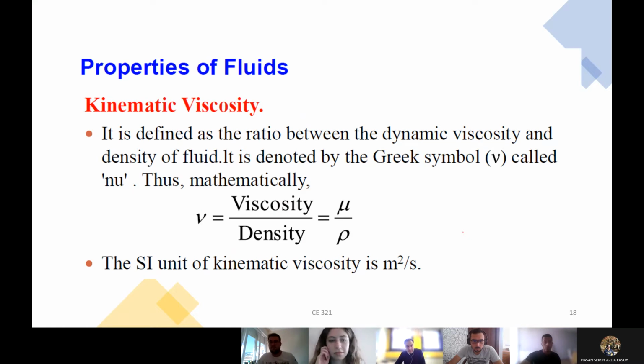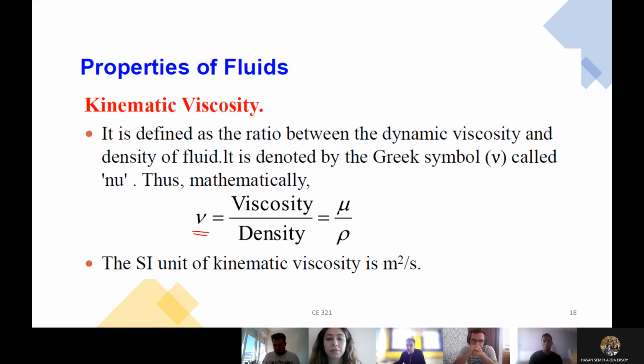The mu, or viscosity, that we talked about so far is in general called dynamic viscosity. But we can remove the term dynamic and just say viscosity. If you have dynamic viscosity, you can define kinematic viscosity also. How do we define it? If you divide mu of a liquid, or viscosity of a liquid, by the density of that liquid, it gives you kinematic viscosity.